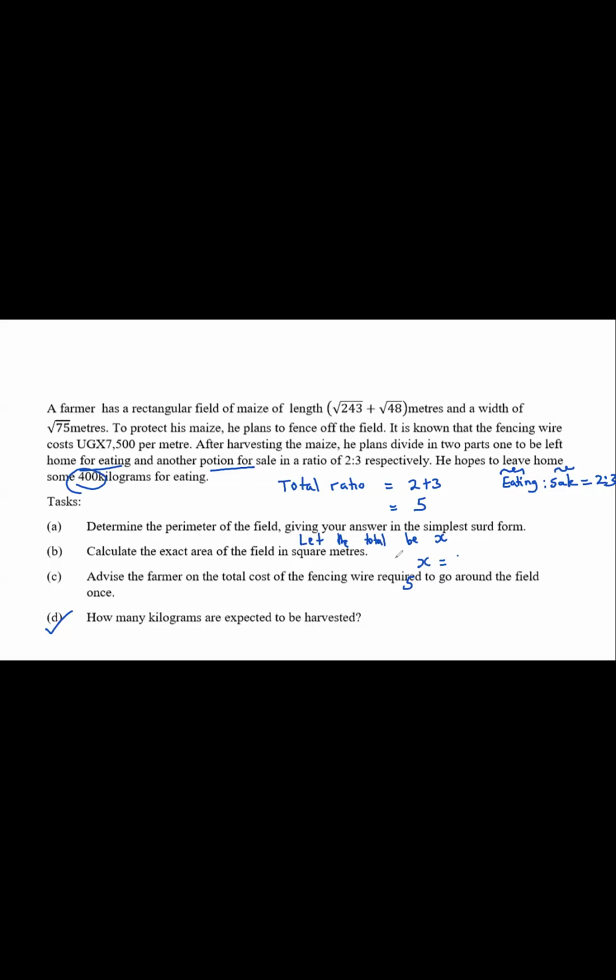So what shall we have? 2 out of 5 of X is equal to 400. When you solve, X is equal to 1000 kilograms. Okay, thank you.